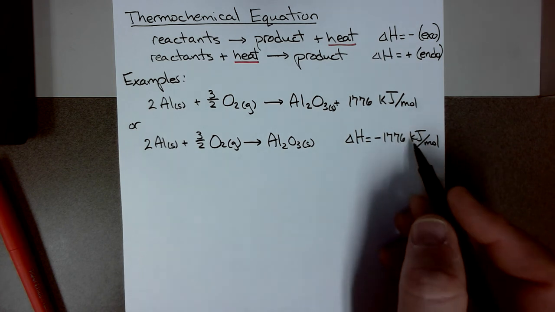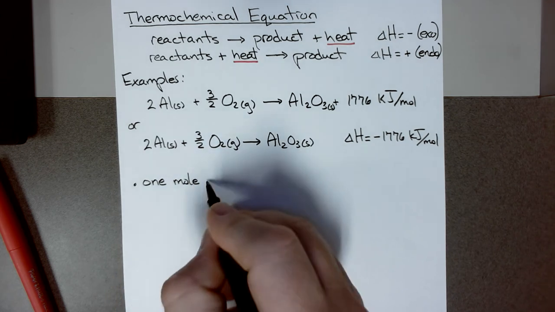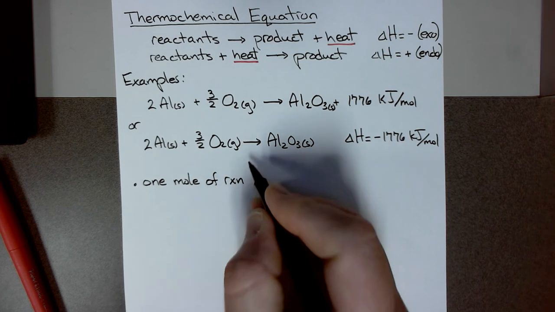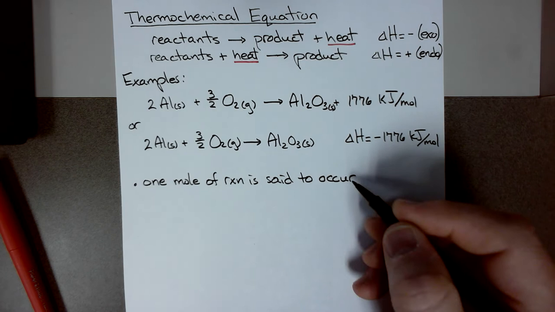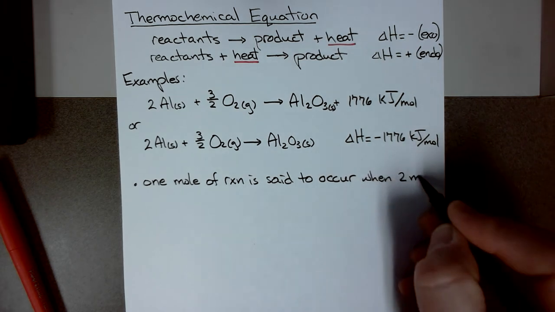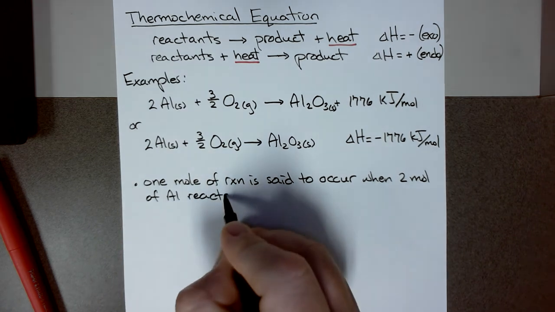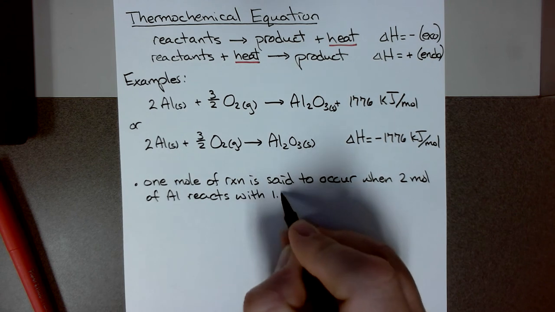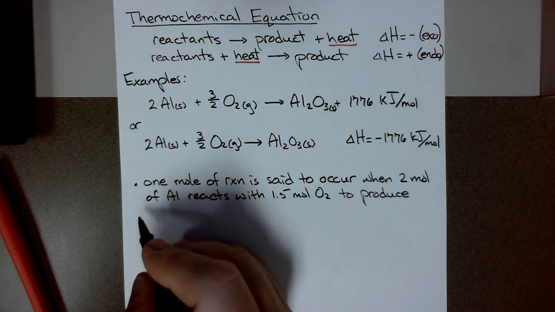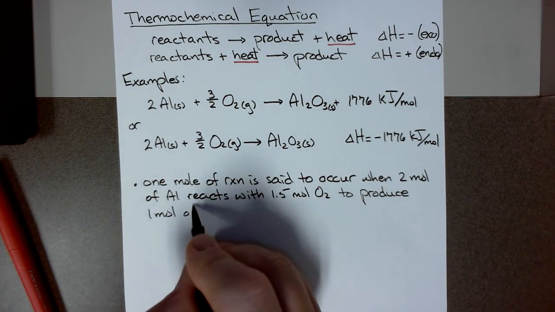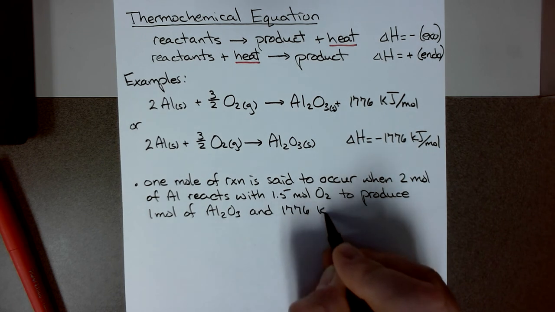So we have to interpret this as 1 mole of reaction, based on how it's written here, is said to occur when 2 moles of aluminum reacts with 1.5 moles of oxygen to produce 1 mole of aluminum oxide and 1,776 kilojoules of energy, of heat.